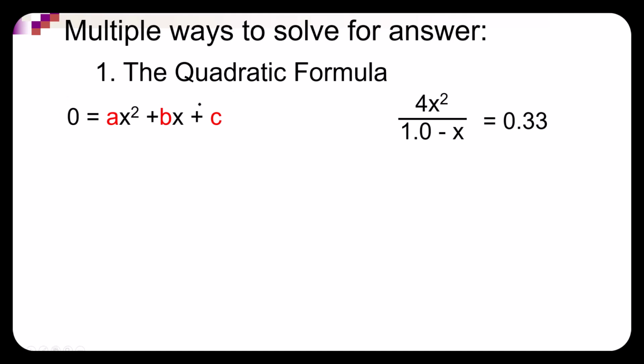If I can get it into this format here, I can plug these values for A, B, and C into the quadratic formula, or better, I can plug these values for A, B, and C into a quadratic formula calculator, and it will spit out the answer for me, okay? So the first step is to get our equation into this format, A, B, C, and then we have it equal to 0.